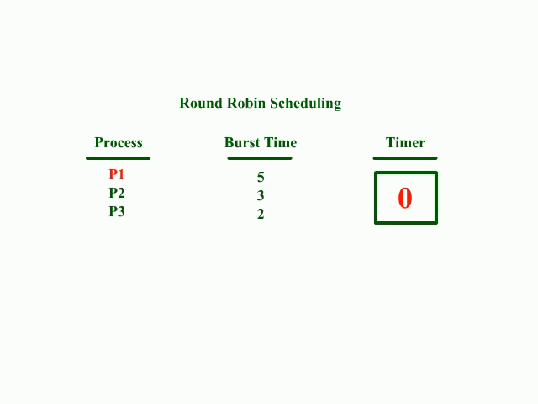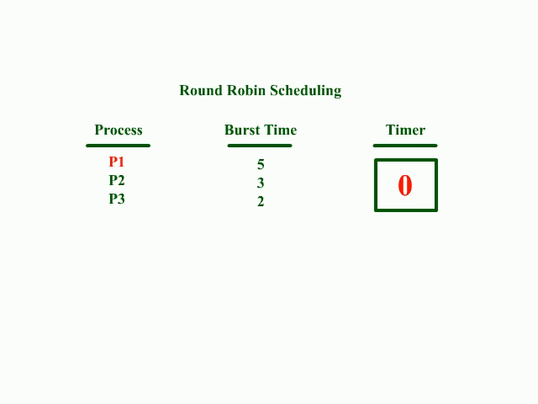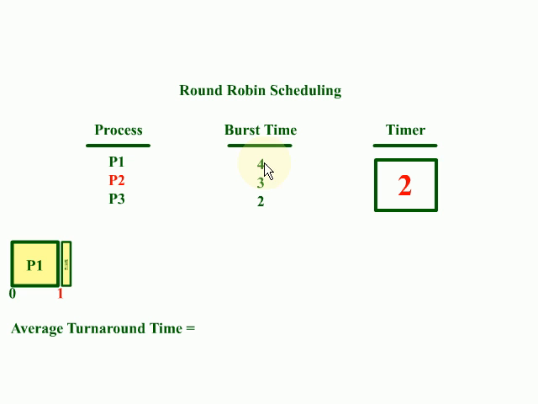Now I will be starting this round robin scheduling algorithm. The first process to get executed is P1 because it came first. The burst time was 5, but as it has executed for 1 second, we have reduced the burst time to 4. Now the next process which will be executed is P2, whose burst time is 3.